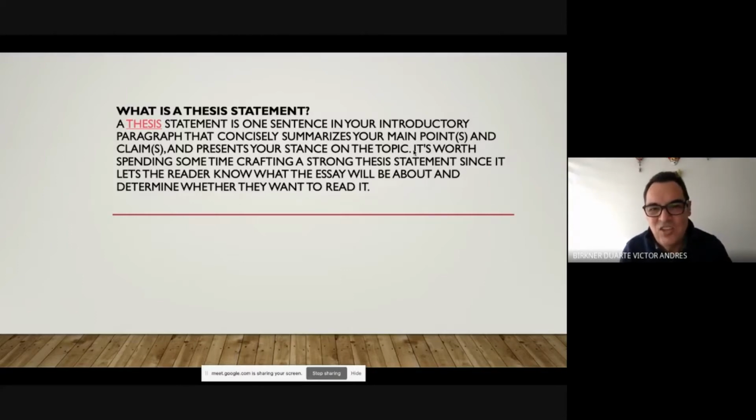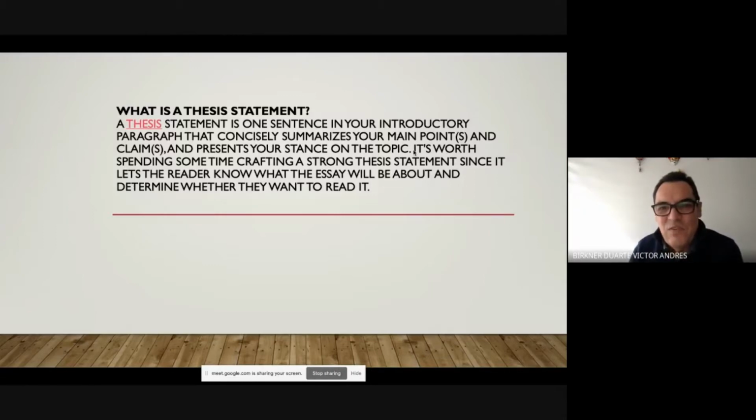You can exchange your thesis statement and ask your classmate to read it and provide some feedback in order to make some improvement to your thesis statement. Okay, because if you just write your thesis statement, probably, as I said before, it is clear for you, but probably it's not clear for the reader, right?